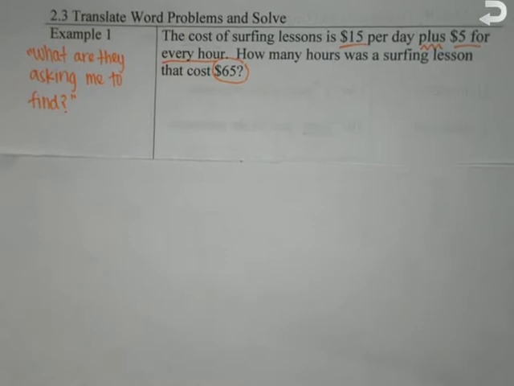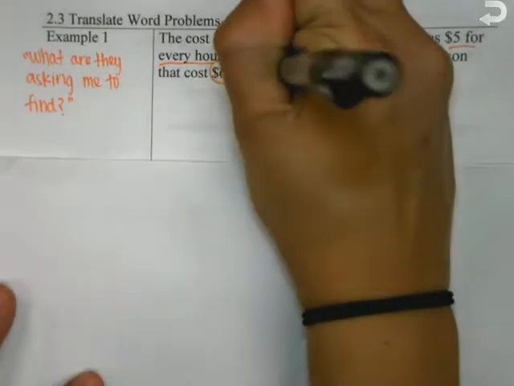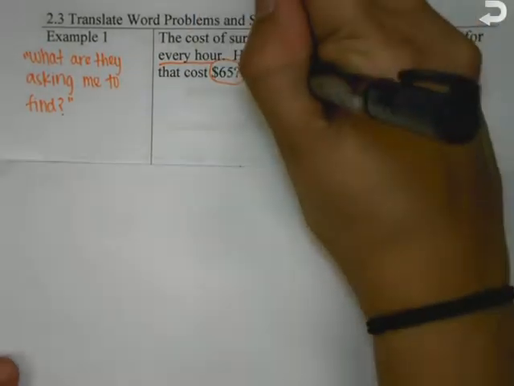So when you are working with word problems, you must always define the variable. So what variable do you want to use for hours? H. How about H? So in a word problem, anytime you have one, I should always see H equals number of hours.